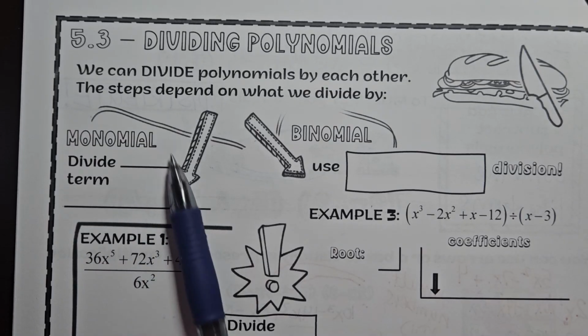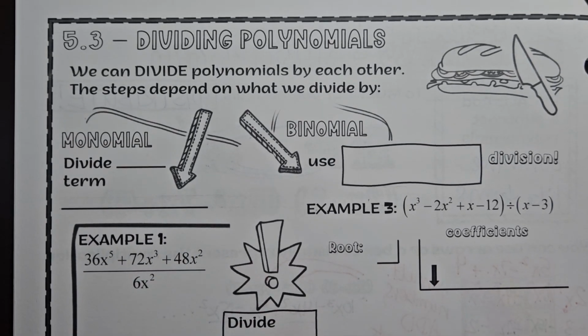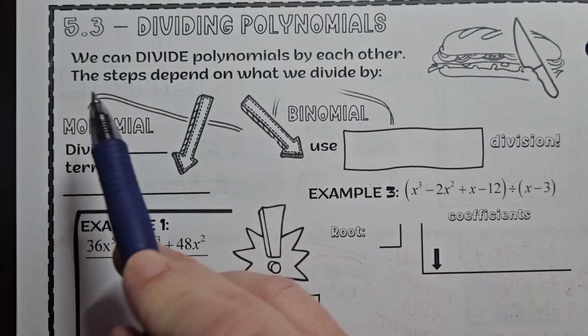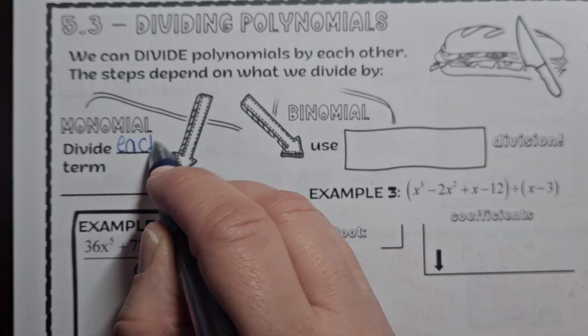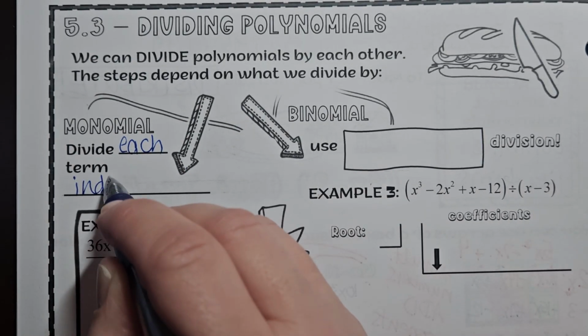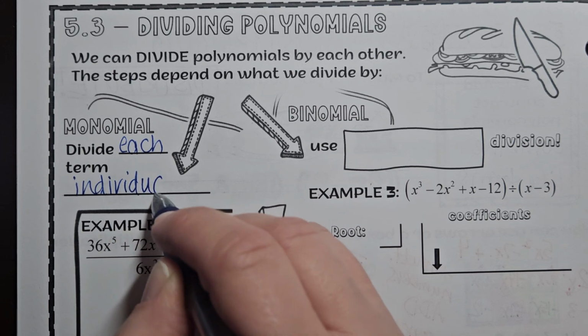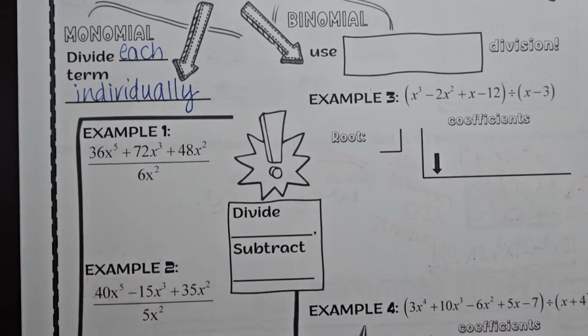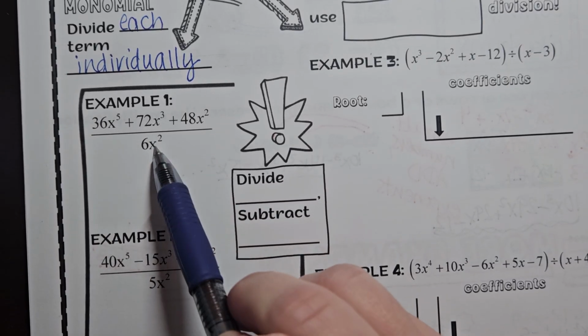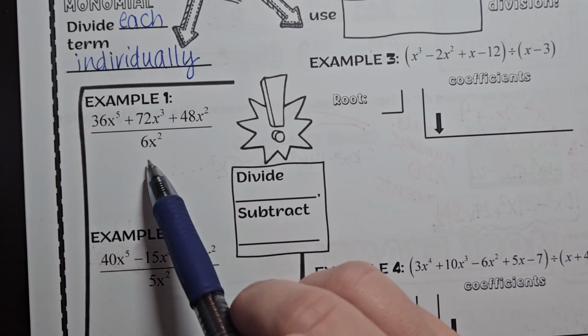So probably the easiest scenario is if we are dividing by a monomial, then we're just going to divide each term individually. Basically every term in our dividend, the thing we are dividing, we're just going to reduce right over our divisor, the monomial.